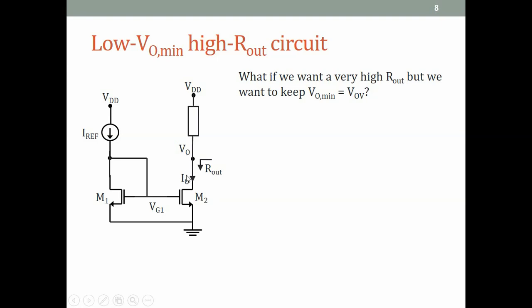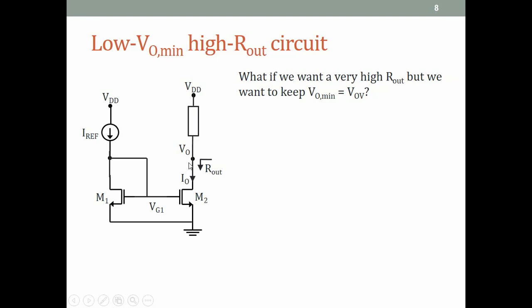Now if IO has to change less when VO changes, the only thing we can do in this circuit is somehow make VG1 smaller as VO becomes larger. As VO increases by delta, VG1 should decrease by delta times a gain.